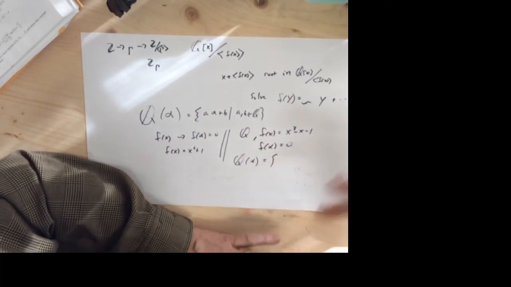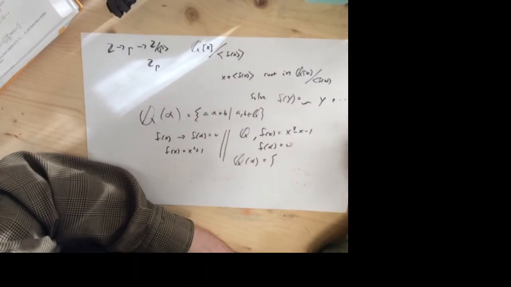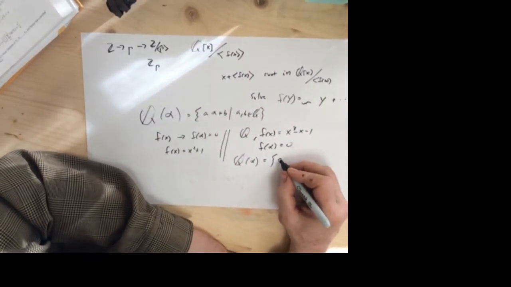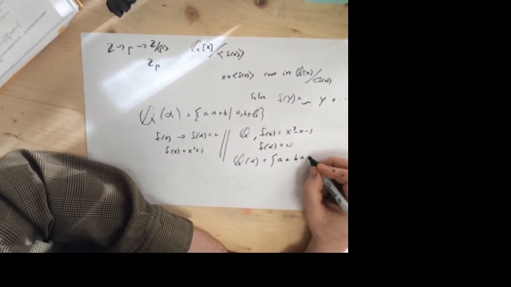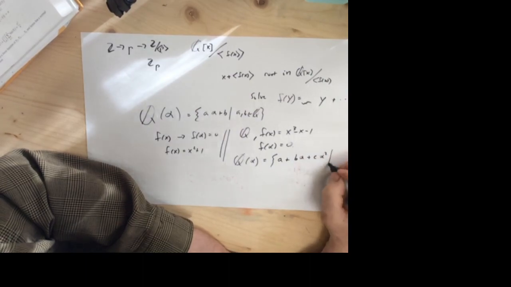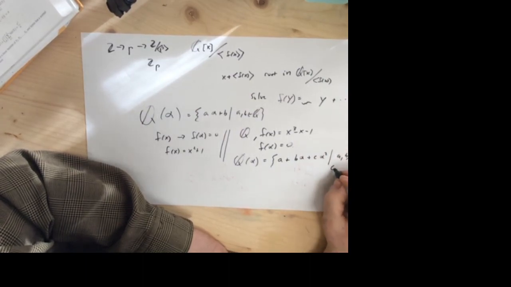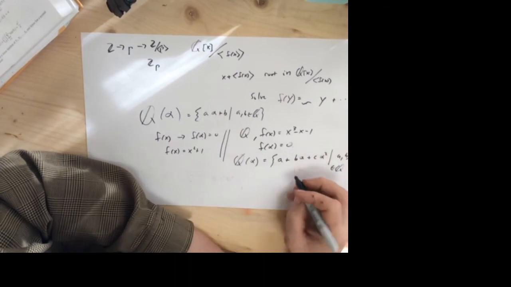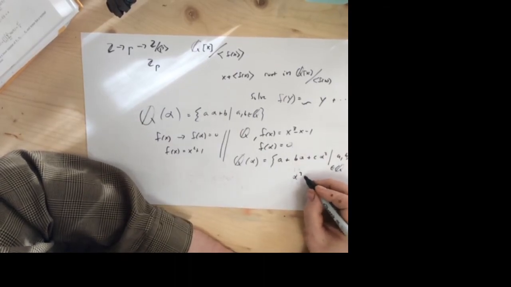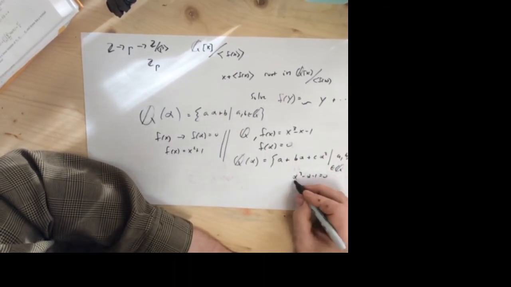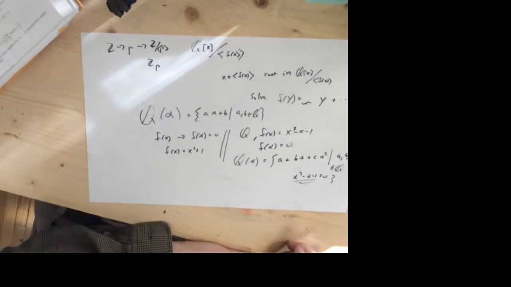Well, again, it's the remainders upon dividing by x cubed minus x minus 1, which means you need to write down a plus b alpha plus c alpha squared. The a, b's, and c's are in Q, but you also have to say that alpha cubed minus alpha minus 1 equals 0. There's a relationship.